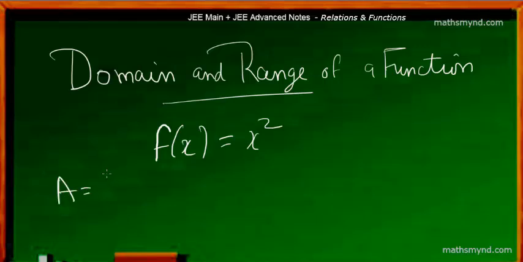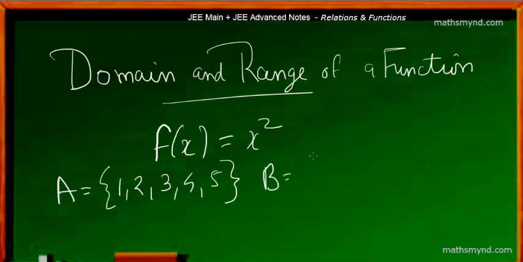Set A consists of the input values, that is, suppose set A consists of 1, 2, 3, 4 and 5. Naturally set B would consist of the output values, and they would be the squares of the elements of set A, and that would be 1, 4, 9, 16, and of course 25.